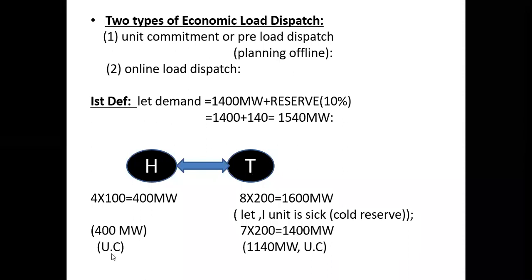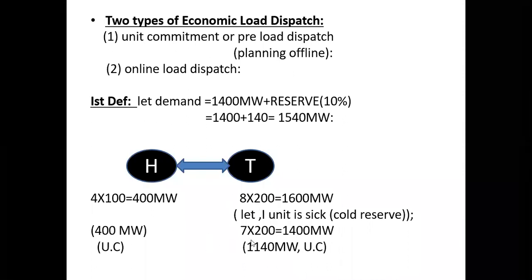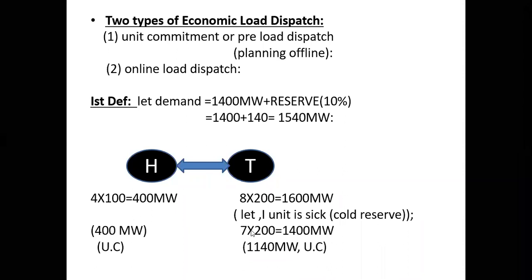So for unit commitment, here we are using 4 units. Similarly, whatever is other than 400 megawatts, that is 1140 megawatts. How can we get 1140 megawatts by using these 7 units? Unit commitment means out of the available units, here 4 units are available, and 7 units are available, so in total 11 units are available.